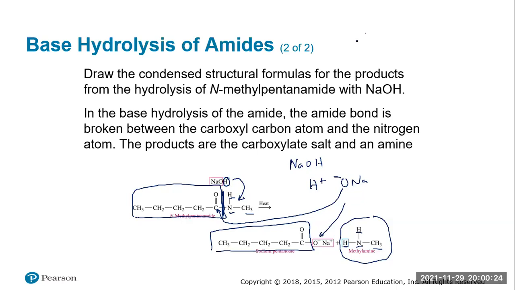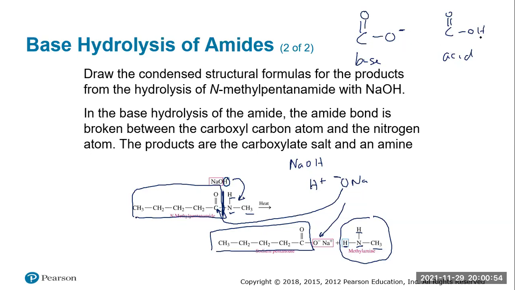So in the base, what you get at the end is not the carboxylic acid, but this guy that's left over. That's different than the acid hydrolysis, where you get the full carboxylic acid back. With base, you get everything but the hydrogen. That's the difference between the acid and the base.